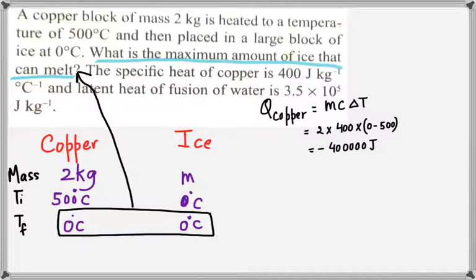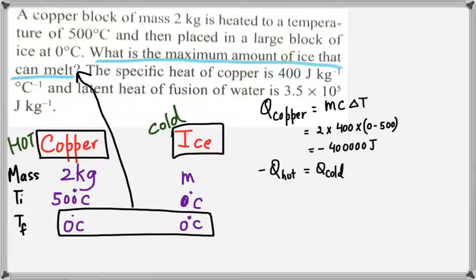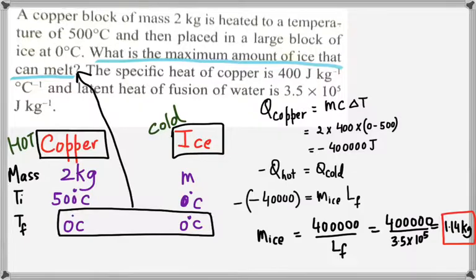The heat provided by copper is mc delta T, and we'll calculate it. We'll find that it is minus 400,000 joules. Applying calorimetry, negative Q hot equals Q cold, identifying hot object as copper and cold object as ice. Substituting, mass of ice is not known, we calculate and get the answer, 1.14 kg.